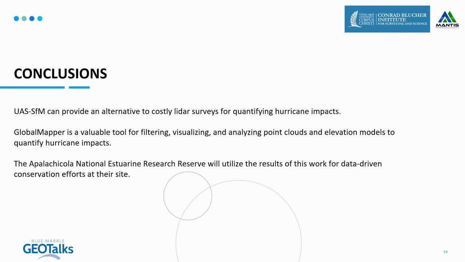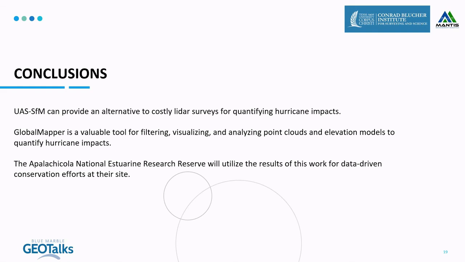So this allowed us to go out and actually get a better idea of what the landscape looked like prior to Hurricane Michael making landfall, and this method could be deployed at regional levels to have perhaps more reliable results of hurricane impacts. And ultimately, Global Mapper was a very valuable tool for filtering, visualizing, and analyzing those point clouds.